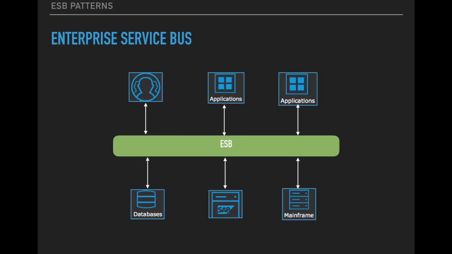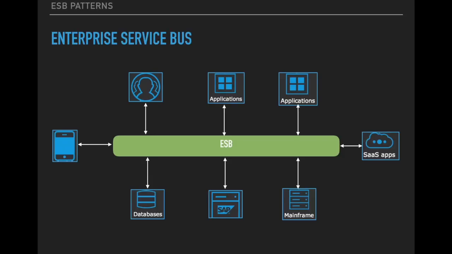We don't need to change anything in the other applications, and we can use ESB to connect them directly and start using them. The benefit is that the turnaround time or development time of any application is very low.